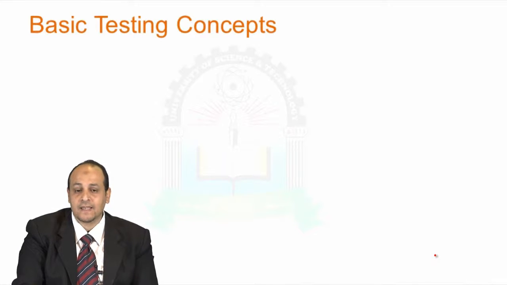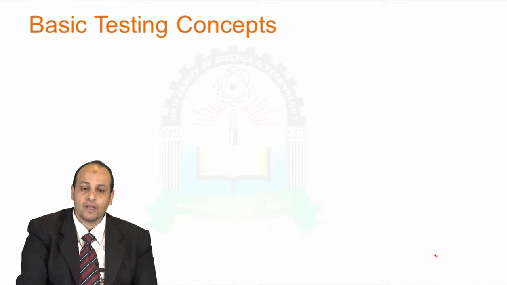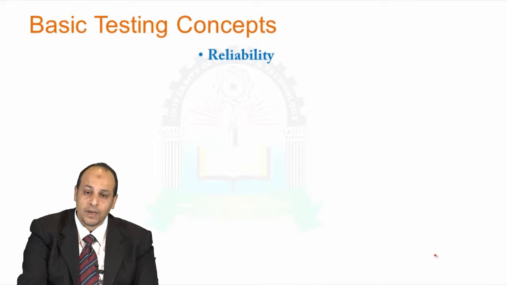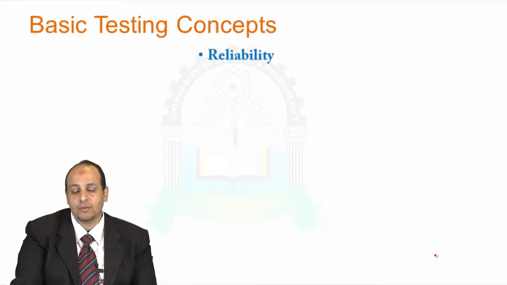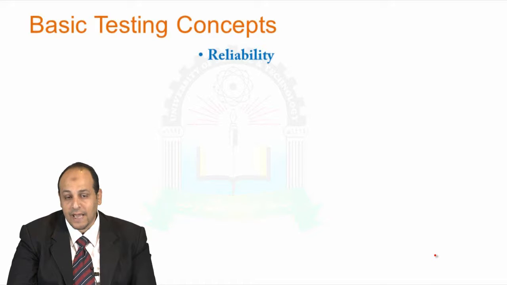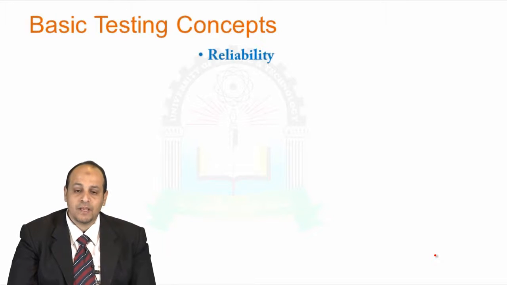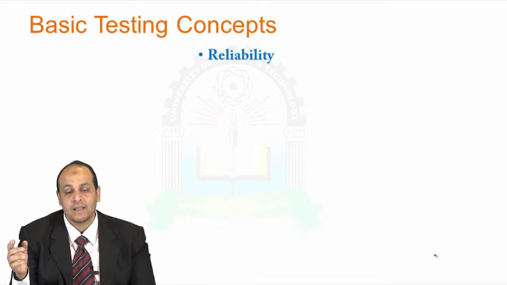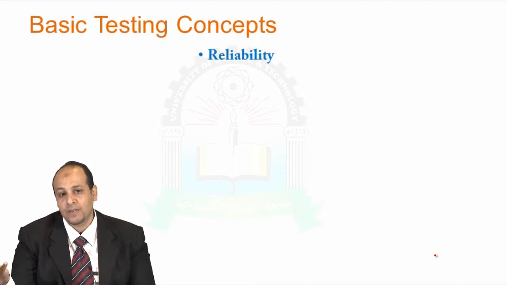Now the basic testing concepts. Before we talk about the different methods of testing, there are some very important testing concepts. The first one is called reliability. What do we mean by reliability here? Reliability means that any test used by the company should be reliable, meaning that if I use this test, I will come up with certain results.